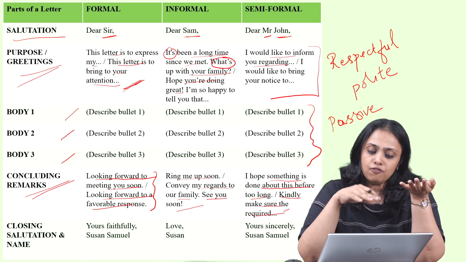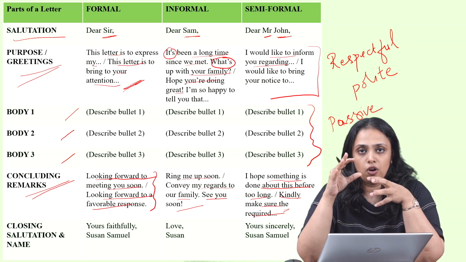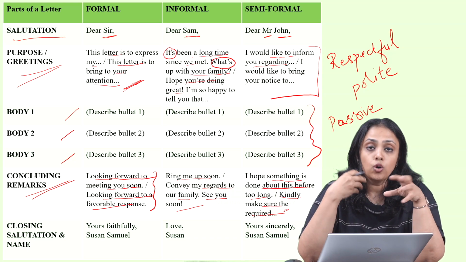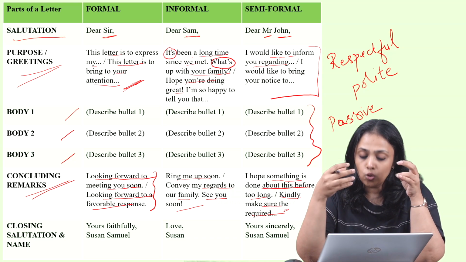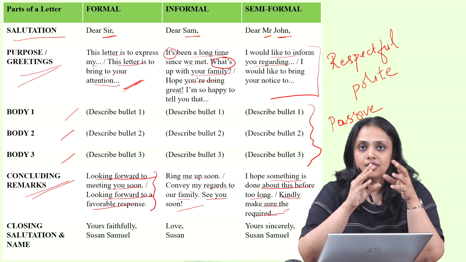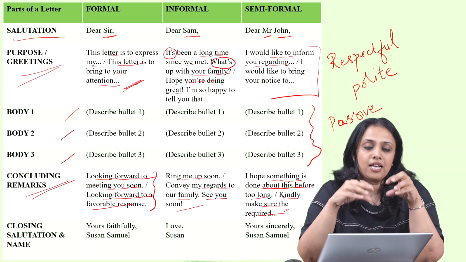But when it comes to informal or semi-formal, you can write it in the active form. That is, you can give importance to yourself. That is, I hope to see you soon, or I hope you will be looking into the matter. That is fine. But when it comes to formal letter, the kind of sentence construction would be the passive voice.